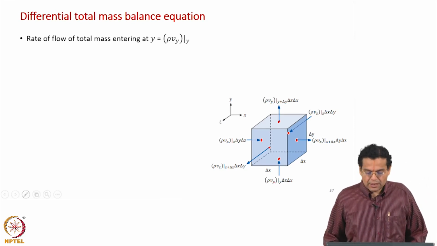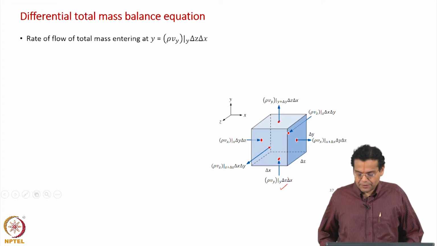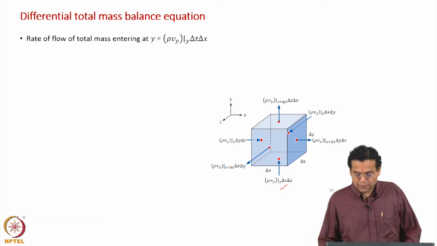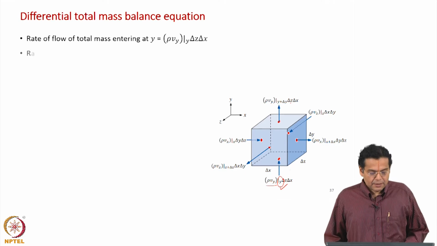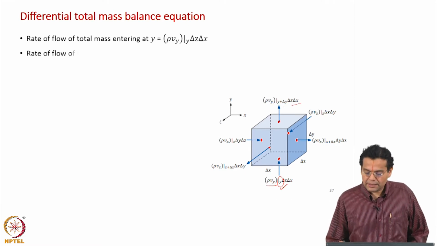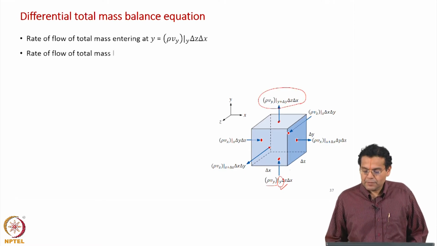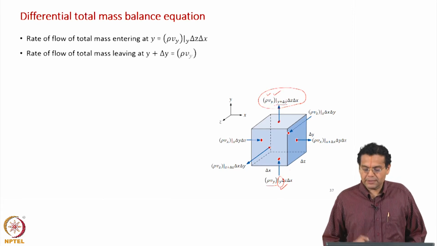So, along the y axis, this is where mass flow enters, and that is given by rho V y. The y coordinate of the bottom phase is y, so we evaluate at y, and along the y direction mass leaves at this phase, and so we write that as rho V y evaluated at y plus delta y.